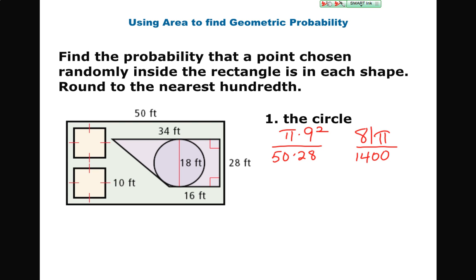So we have 81 pi out of 1,400. It does say round to the nearest tenth, because this fraction doesn't reduce very well with the pi on one part, not the other. So 81 times pi divided by 1,400 to the nearest hundredth, I would get 0.18.